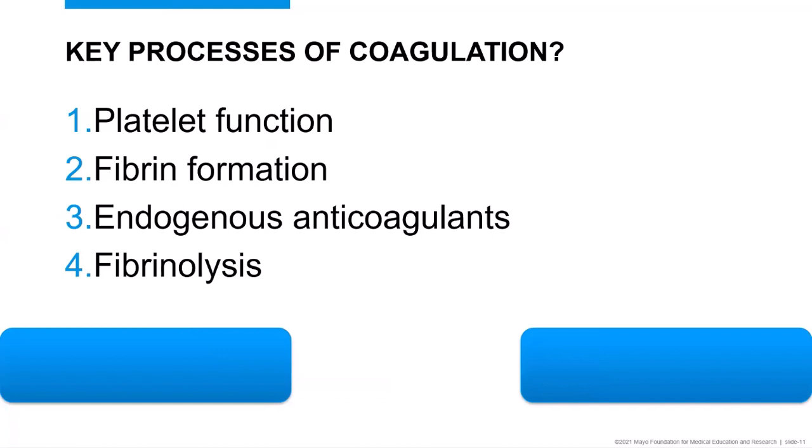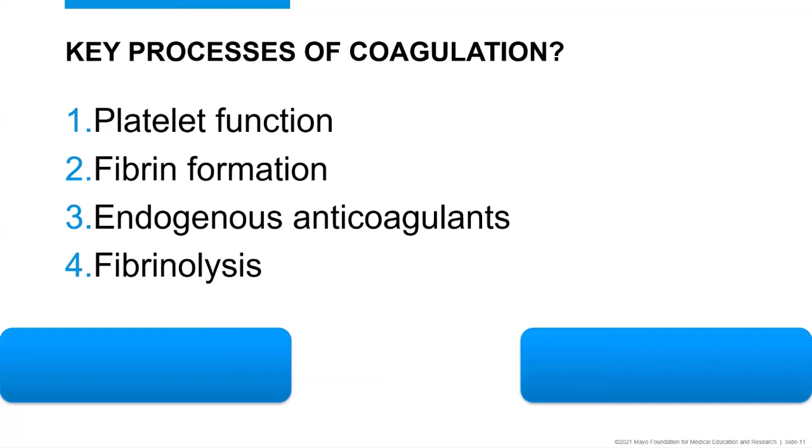So platelet function and fibrin formation, those first two are how we are dictating a sufficient response. Then three, endogenous anticoagulants are making sure that we have a measured response. And the fibrinolytic system helps not only with tissue healing, but also makes sure that the coagulation response stays localized.